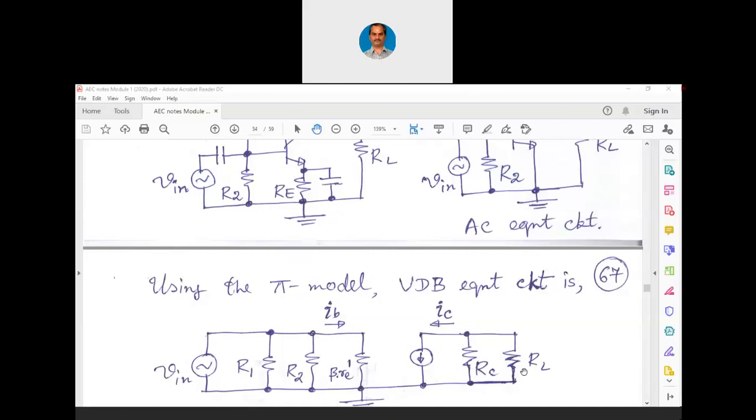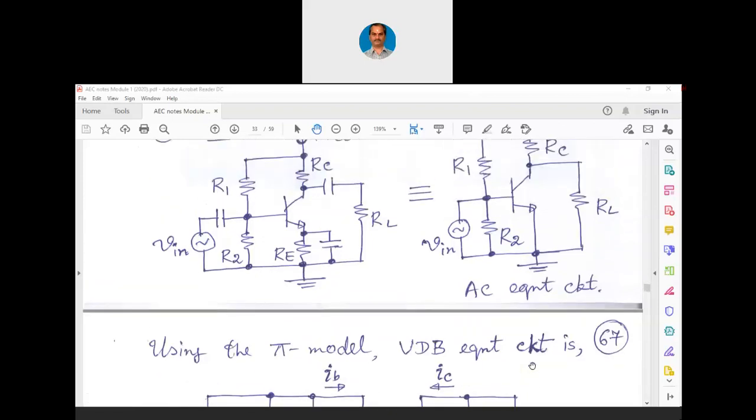So, we can simply write the equation for the input impedance as R1 parallel with R2, parallel with beta into RE dash. In our earlier case of base bias, we only had RB. Now, here we have R1 parallel with R2. At the output, we can simply write the output impedance as RC parallel with RL.